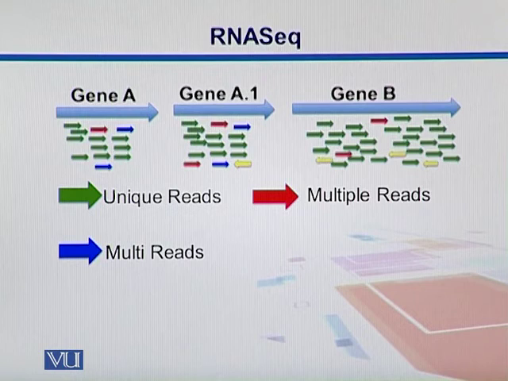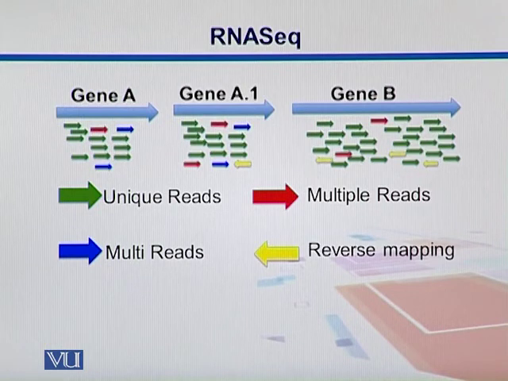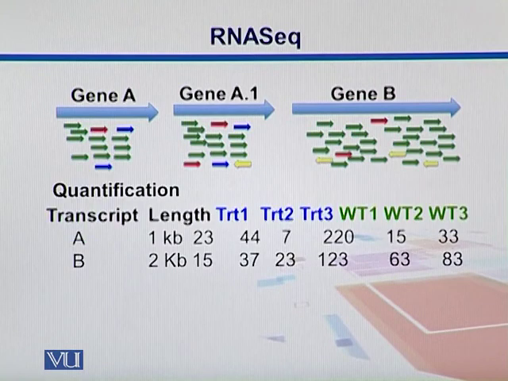Whereas a multiple can go anywhere: same gene, alternative splice variants, different genes. The reverse mapping reads, we have already seen, are the yellow ones, which do not align in the forward direction, but the software takes the reverse complement and aligns on that one, so we call it a reverse mapping read. So reads may be classified based upon their alignment patterns into these 4 types.